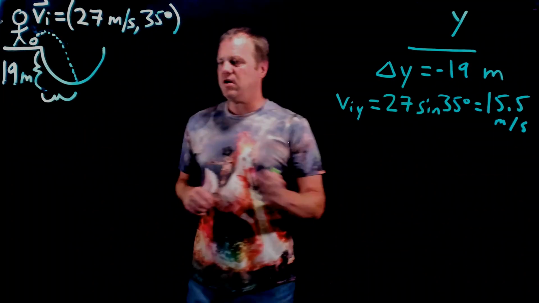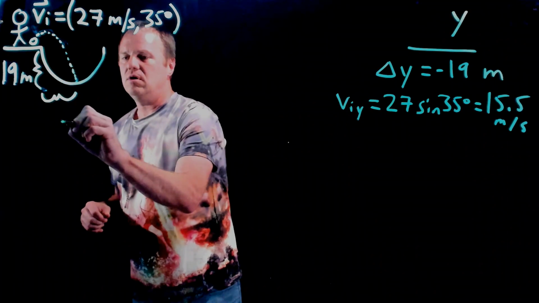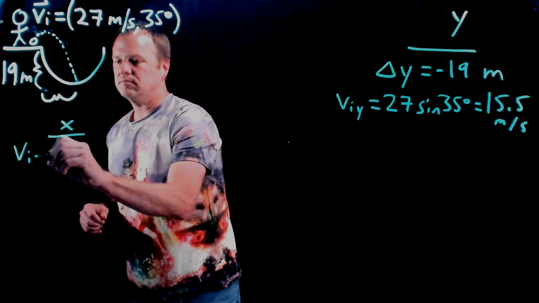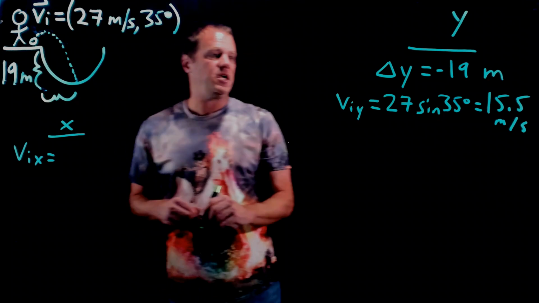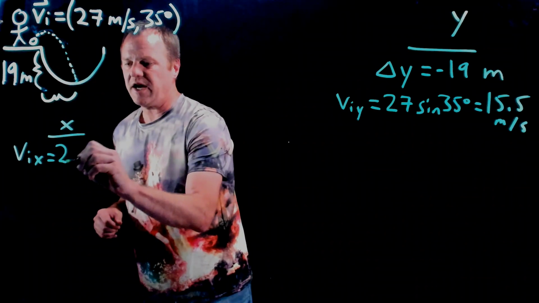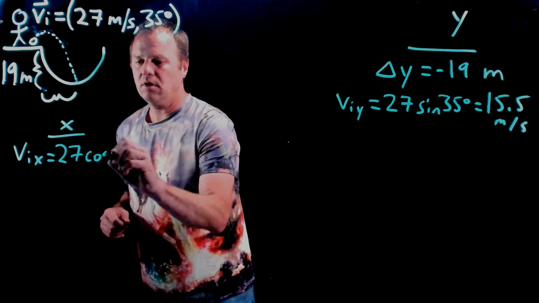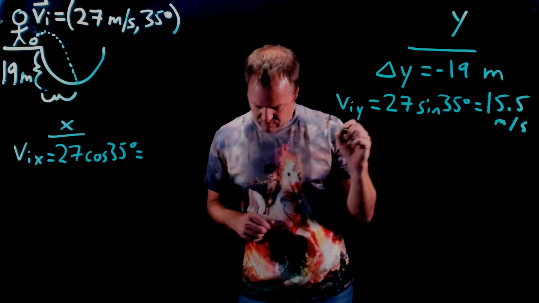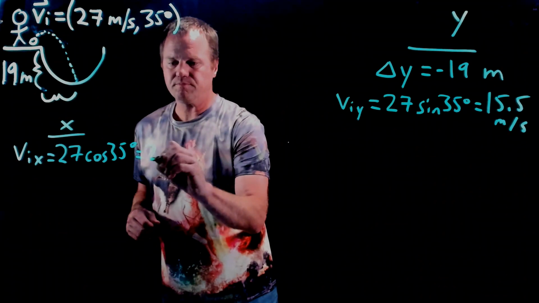Likewise I can do that in the x direction, using cosine instead of sine, so 27 cosine 35, and I get 22.1.